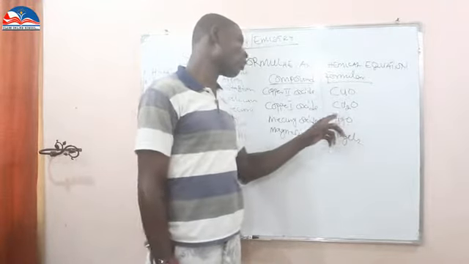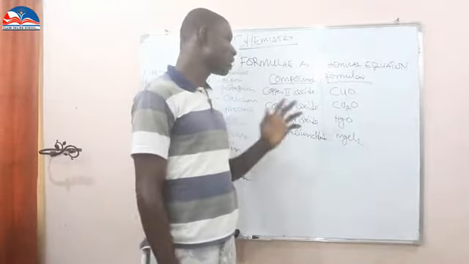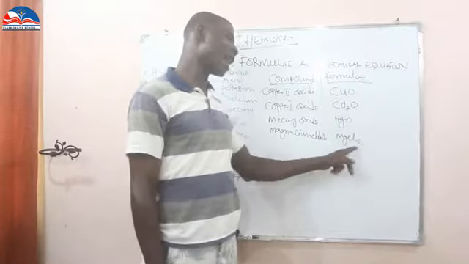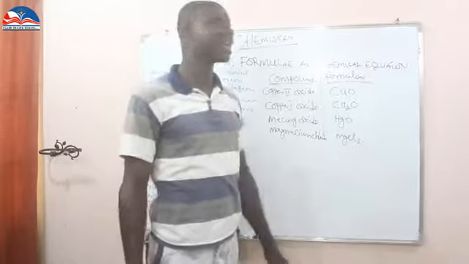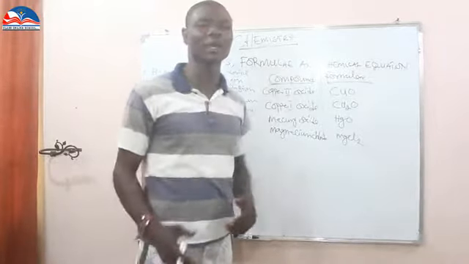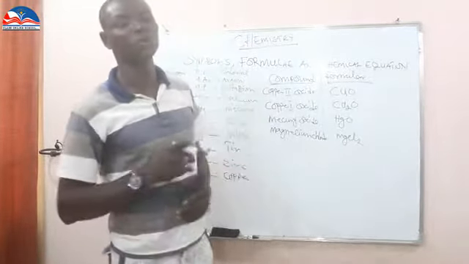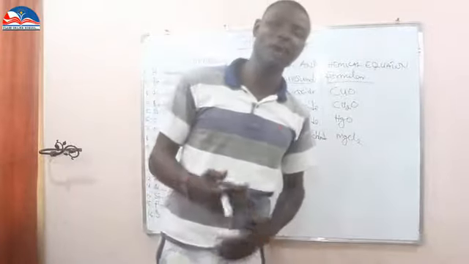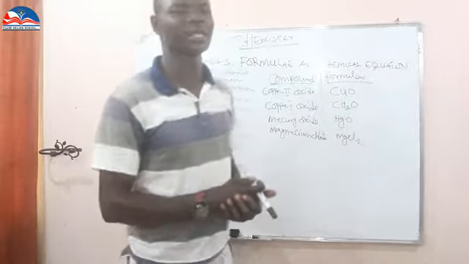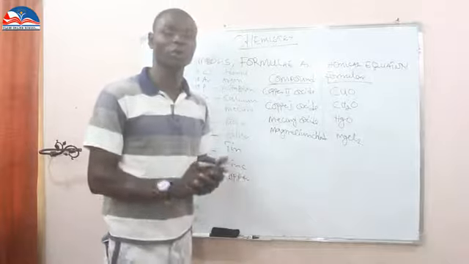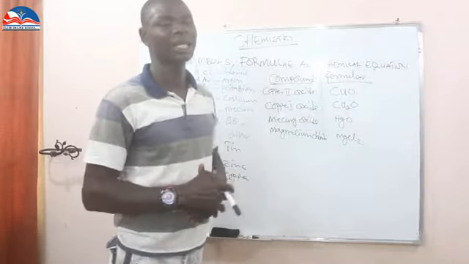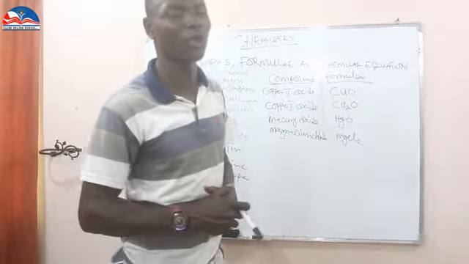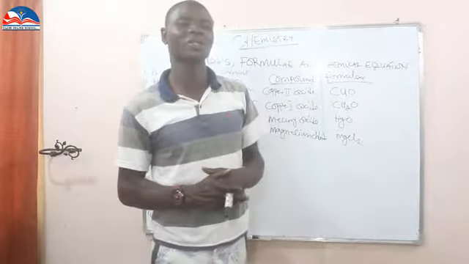So now the question is, how come in copper 2 oxide there is no 2 here? Why in copper 1 oxide is there a 2? In magnesium chloride, I have 2 in front of chlorine. That is the question, and that is what formulae is talking about. You must use what we call the combining power of an element in this reaction, just like what we had in our previous lesson. So we discussed what we call valency and oxidation.